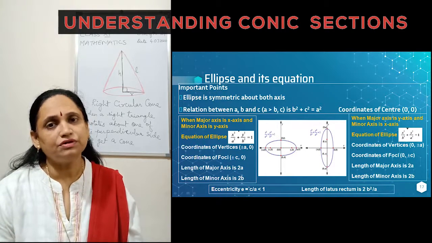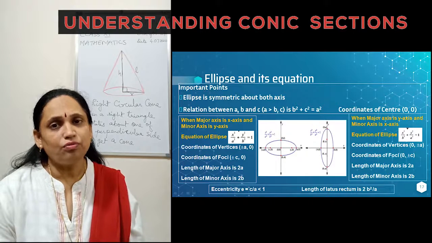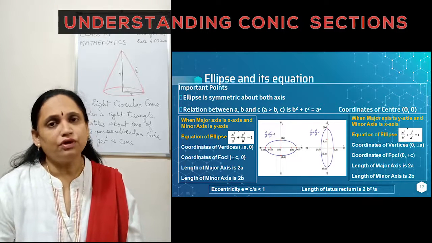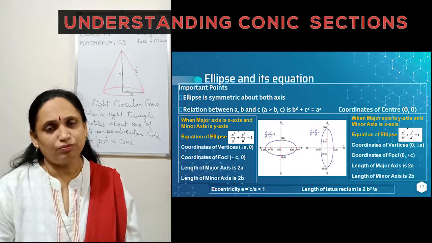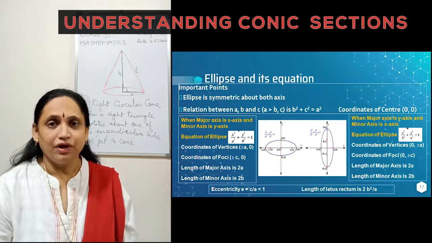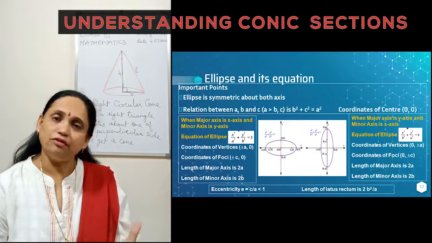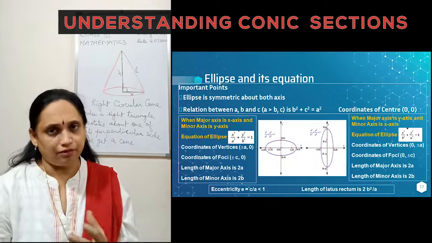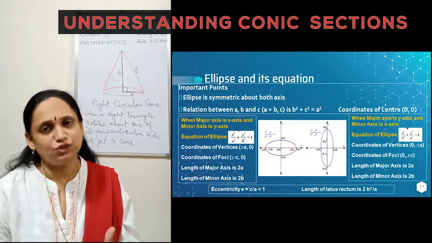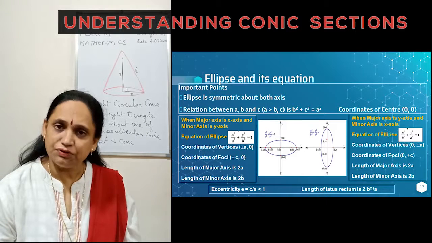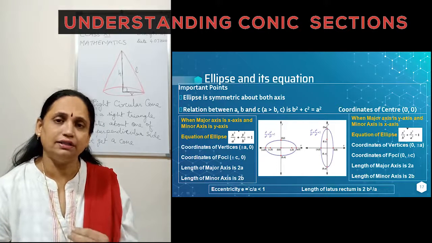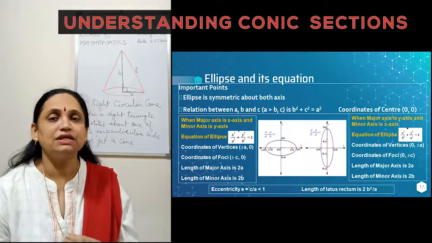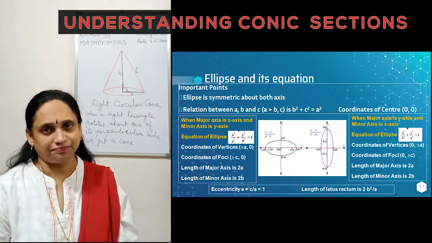And the coordinates of the vertices are (0, ±a), and the coordinates of the foci are (0, ±c). In both cases, the length of the major axis would always be taken as 2a, the length of the minor axis would be taken as 2b, eccentricity would be taken as c by a, and the length of the latus rectum would be taken as 2b squared upon a.